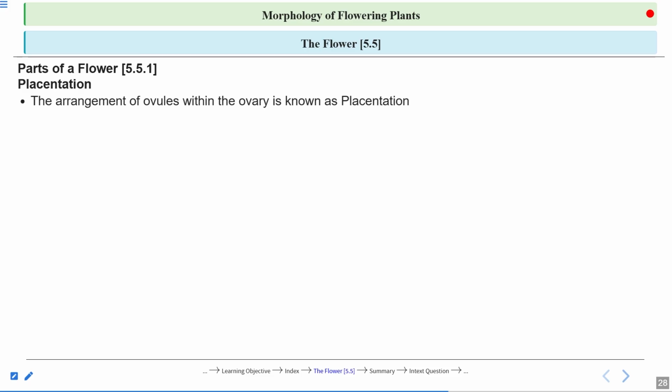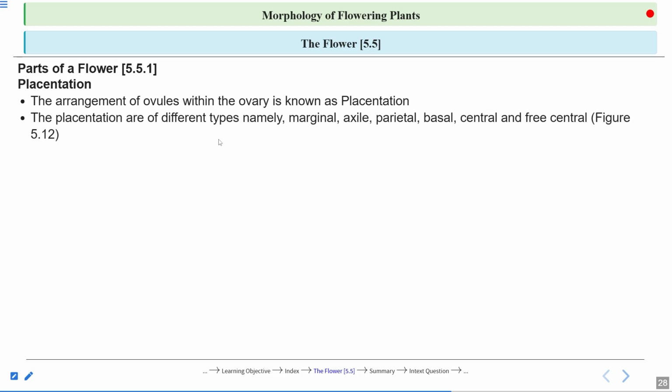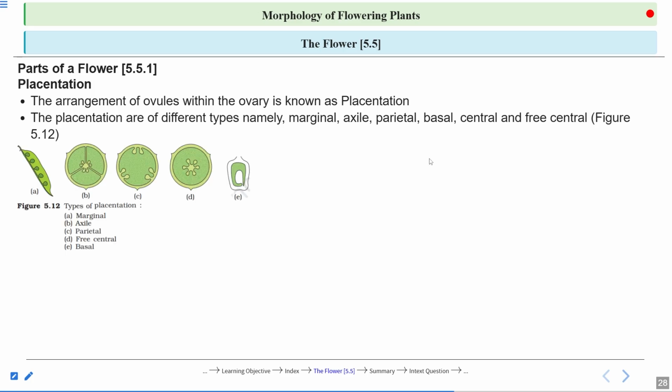Now we will talk about placentation. Very important point. The arrangement of ovules within the ovary is known as placentation. Placentation is of different types: marginal, axial, parietal, basal, and central or free central. Here you can see marginal. All ovules are attached to the margin. So that is called marginal.